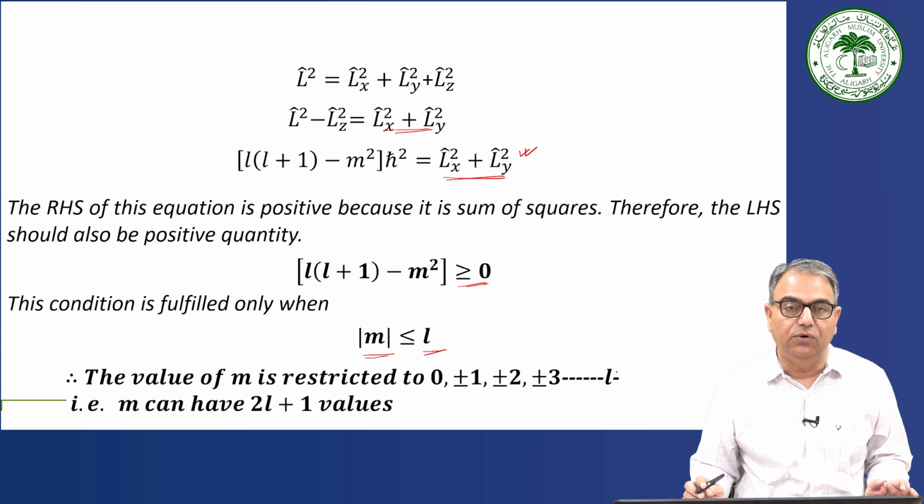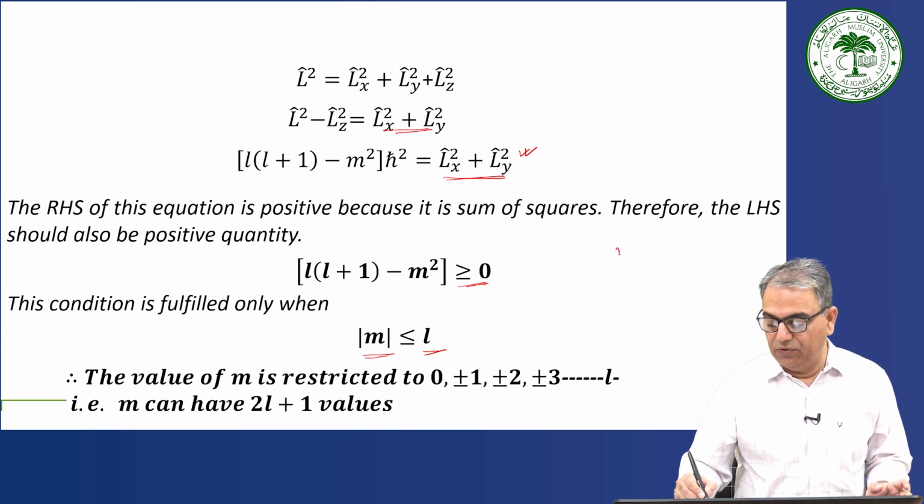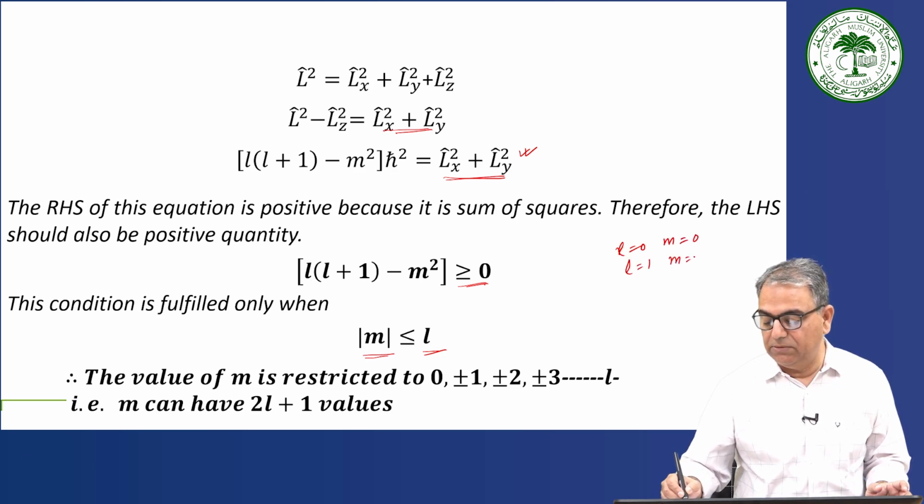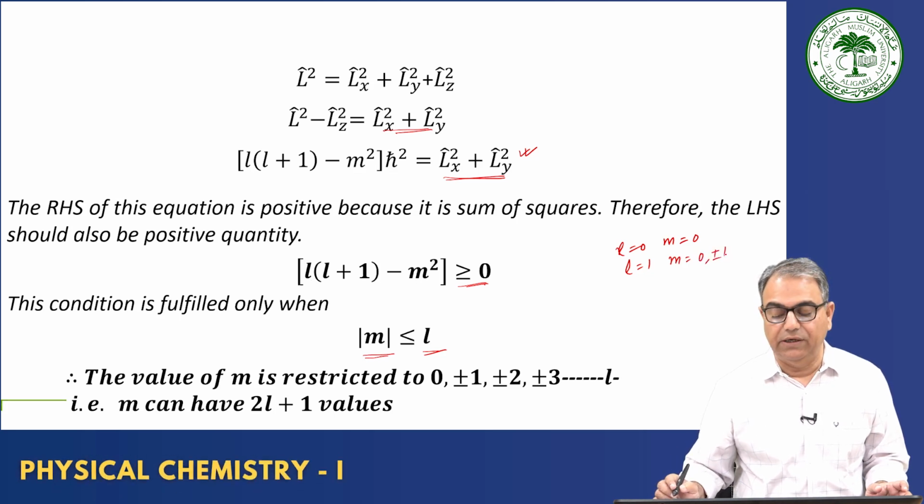And this you already know: if you have azimuthal quantum number L equal to 0, then the magnetic quantum number will be 0 only. If L is equal to 1, then m will be 0, plus 1 and minus 1, three values. If L is equal to 2, then you have m equal to 0, plus minus 1 and plus minus 2.